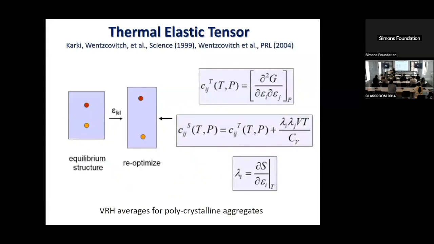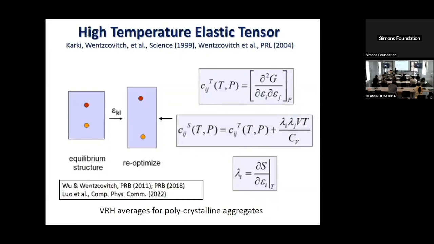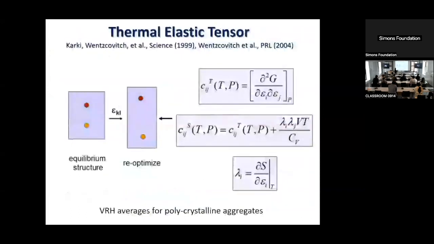The thermal elasticity in a crystal, solid solution or not, is obtained the following way. You have equilibrium structures versus volume, calculate phonons, do thermodynamics for the equilibrium structure, strain, again relax the structure, and redo the thermodynamics. The isothermal elastic coefficients are the second derivative of the free energy with respect to strains.